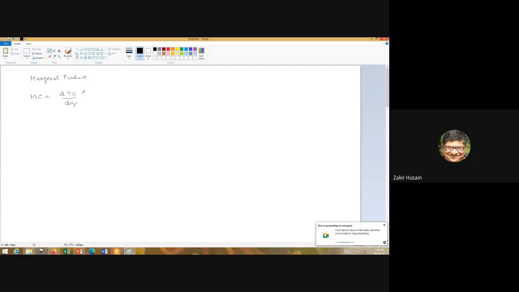Change in cost by change in output. Now, if your output changes, for convenience, let us suppose that output is a function of labor only, right? So why will your output change?